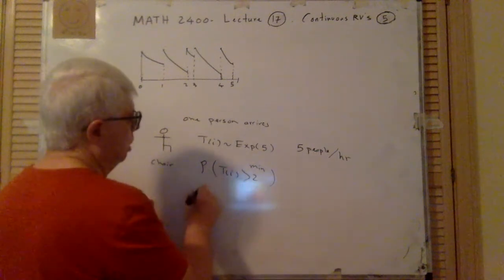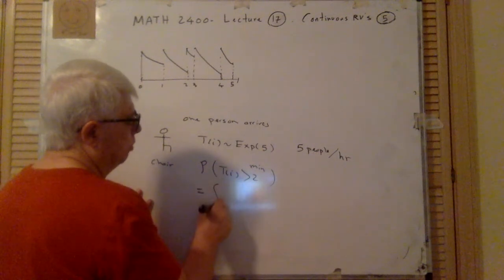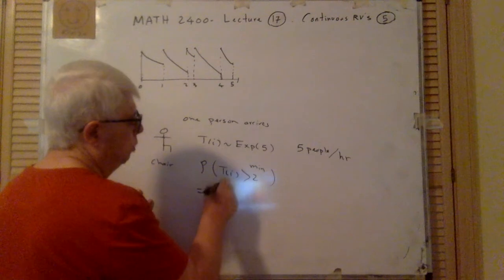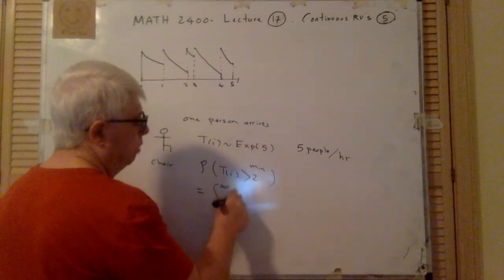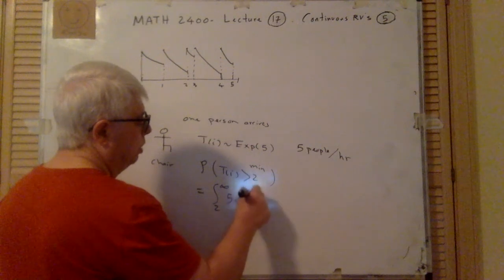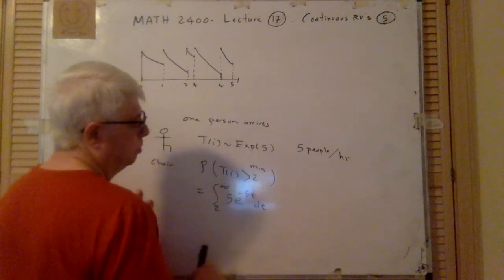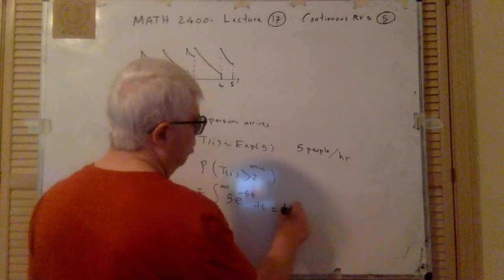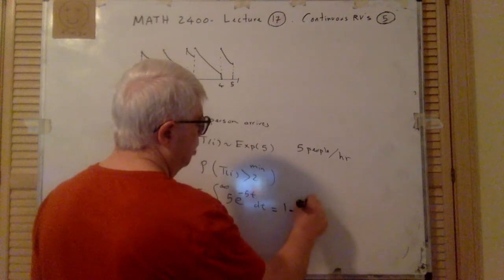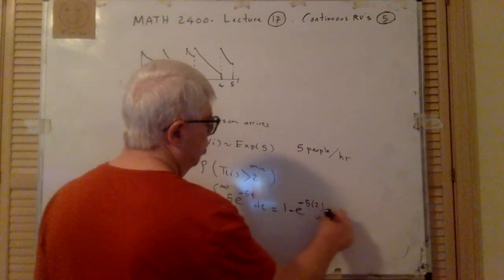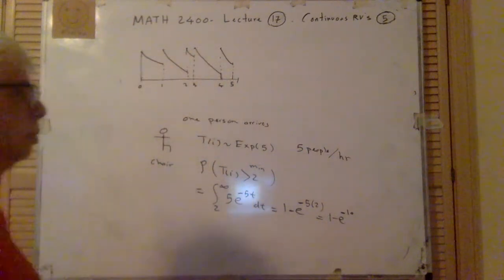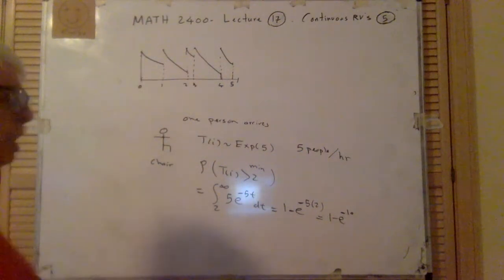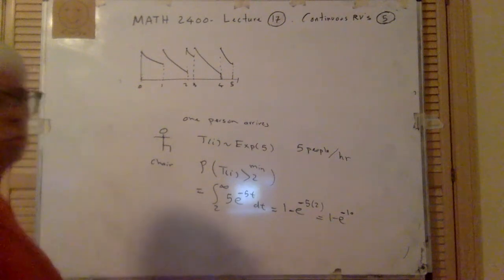Okay? So that is in fact the integral from 2 to infinity of lambda, which is 5, e to the power minus 5t dt. But remember, that was 1 minus e to the power minus 5 times 2, 1 minus e to the power minus 10. And that's a very small number, so that's almost 1.